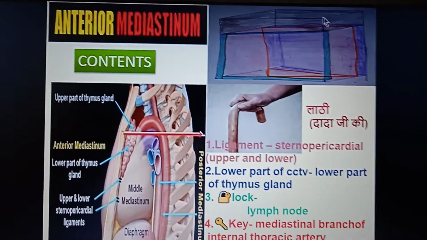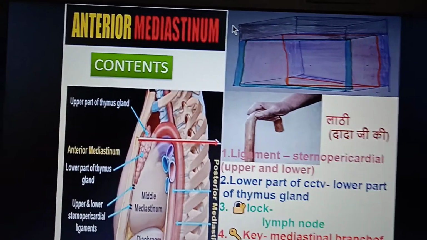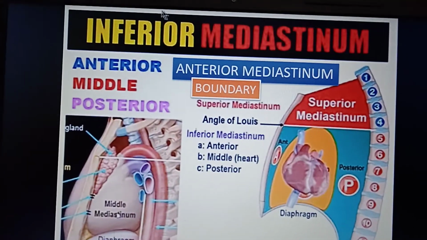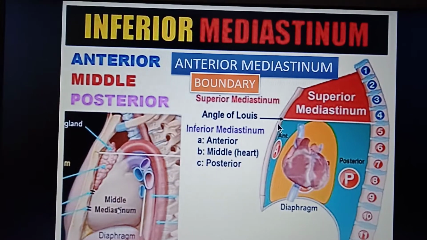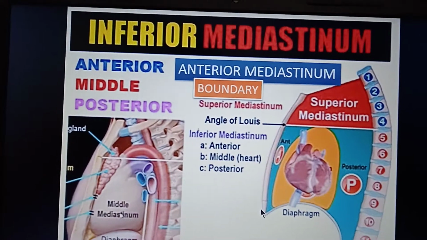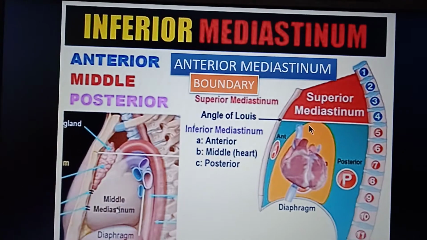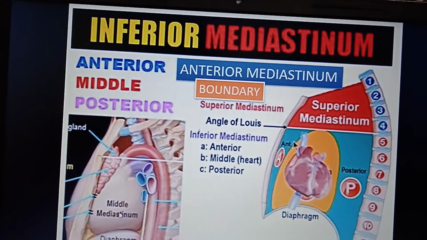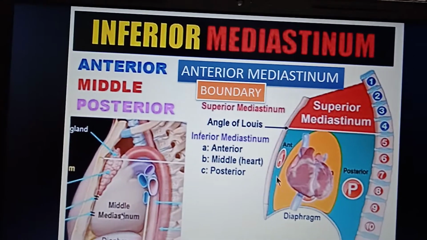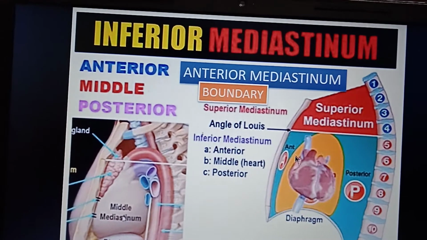And we are discussing the anterior, which is bounded anteriorly by the body of the sternum and the xiphisternum. Posteriorly, this is the heart enclosed within a spillover, that is the pericardium.